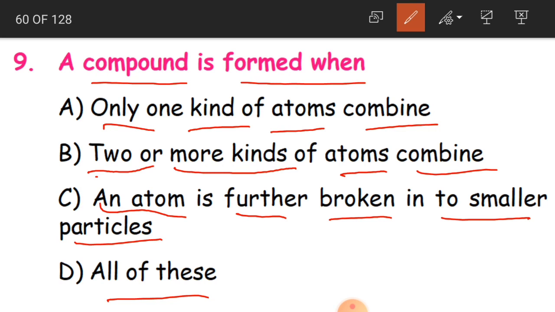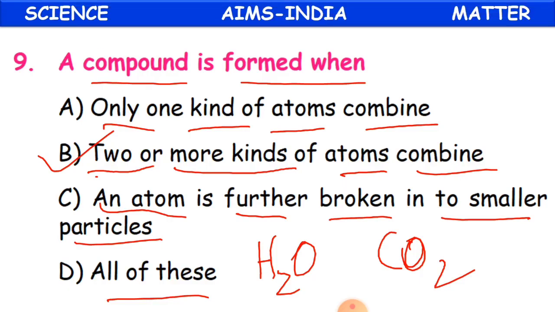A compound is formed when two or more elements are combined chemically in a fixed ratio. For example, H2O, two hydrogen and one oxygen. Carbon dioxide, CO2, one carbon and two oxygen. So this is a compound, which is formed chemically in a fixed ratio. So that is why B is the correct answer.